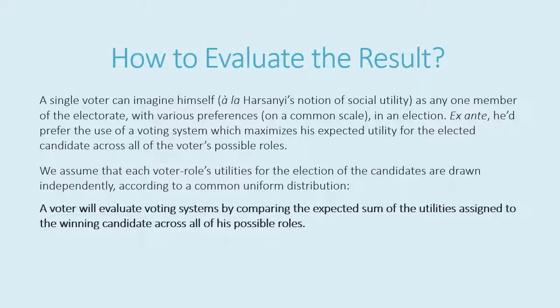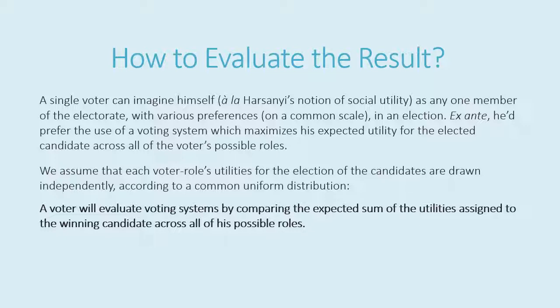I ultimately chose to imagine societies where the voters have randomly generated preferences and wherein a voter doesn't know which of the many different roles defined by preferences he will be playing when the election takes place.